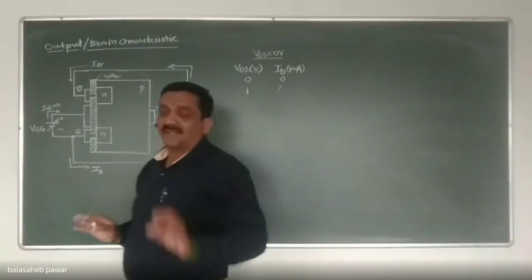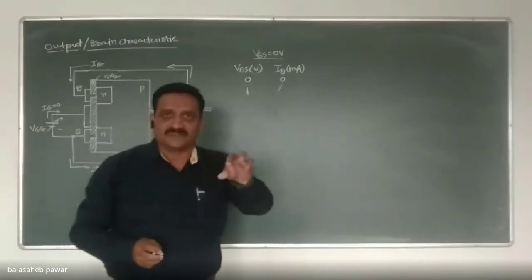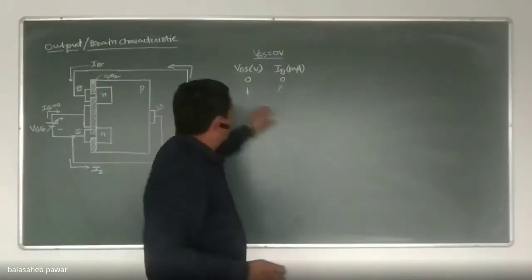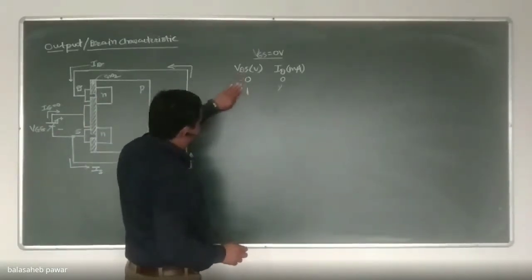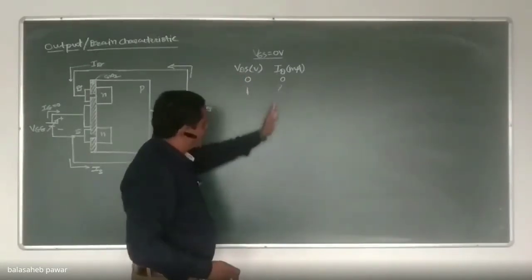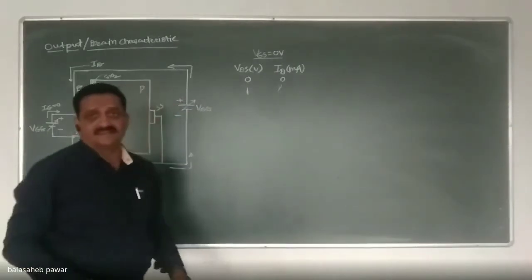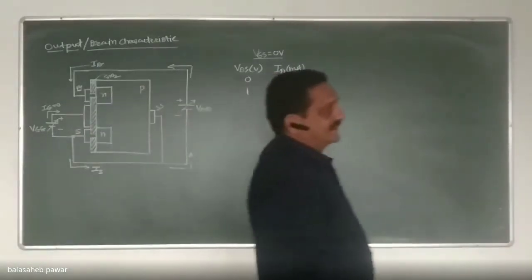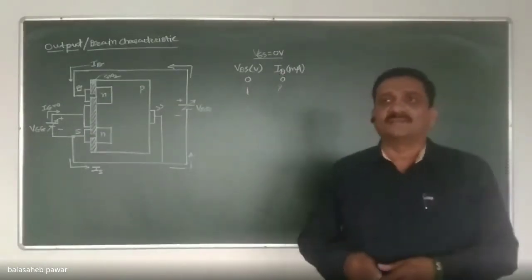That means by changing the output voltage, we have to observe the effect on output current. That's why we are changing this VDS from 0, 1, 2, 3, 4, like this, and we'll observe the effect on this ID. So what do you think? ID will get increased, or will remain 0?